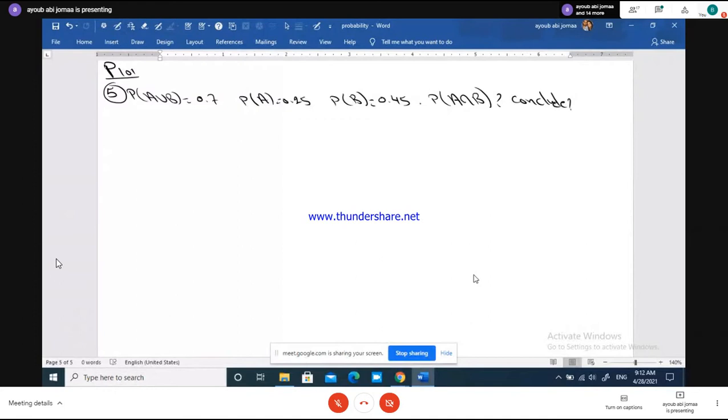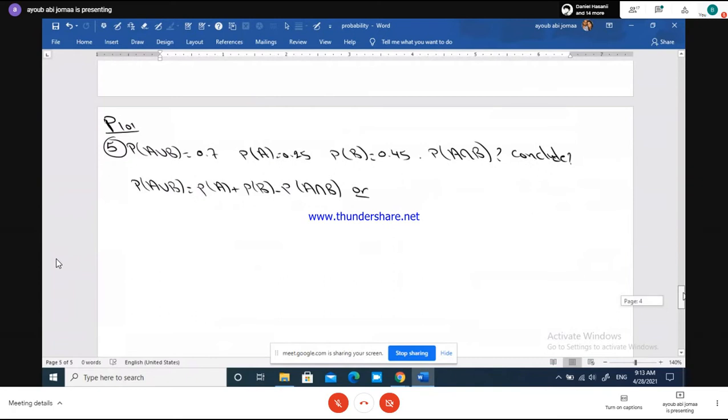Probability of A plus probability of B minus the probability of A intersection B. So probability of A union B is equal to probability of A plus probability of B minus the probability of A intersection B. We have two equivalent rules, or two equivalent equations.